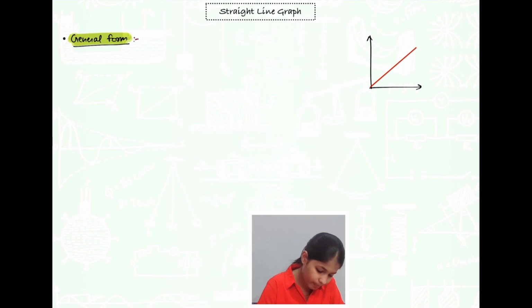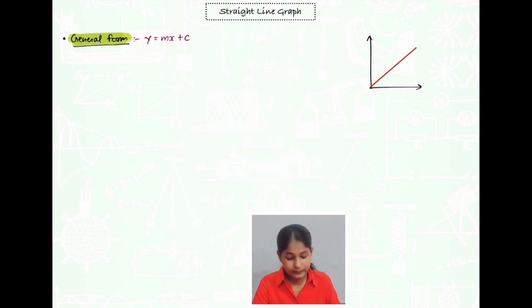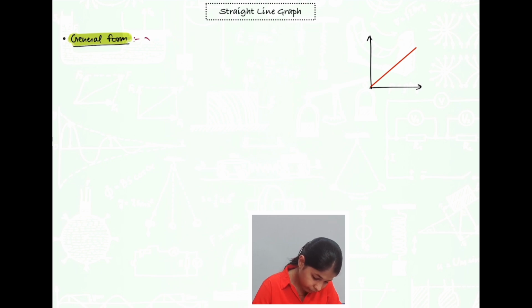So let me write here the general form, that is y is equal to mx plus c. This is the general form of the straight line graph. Okay, so let's understand what it wants to say from this general form.